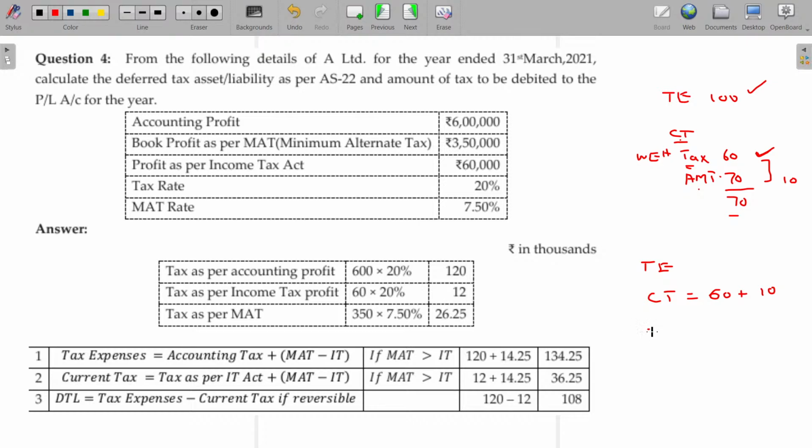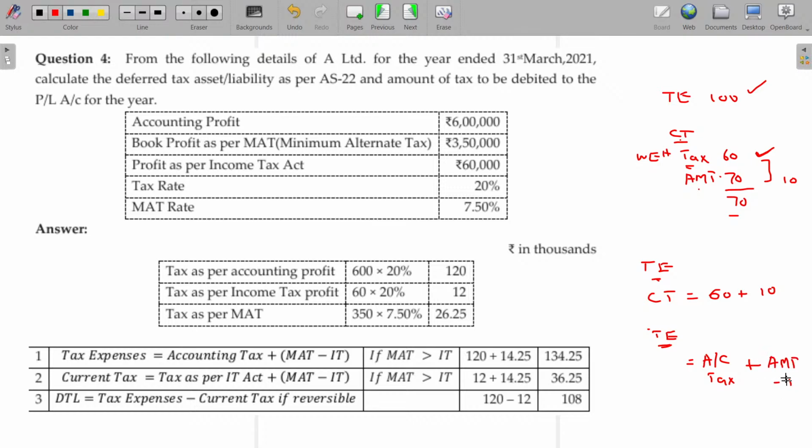In case of tax expenses, you have to do the adjustment. Tax expenses is nothing but accounting tax you calculated based on the accounting profit. But don't forget to add the excess payment due to the MAT or AMT minus your normal provision.